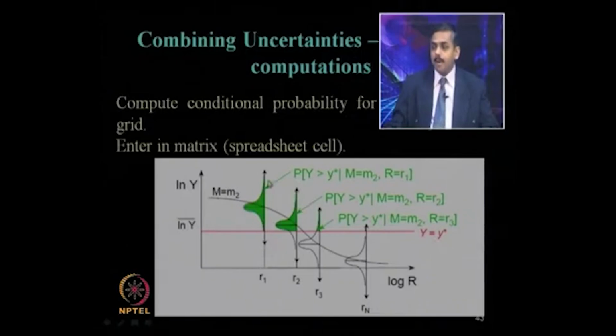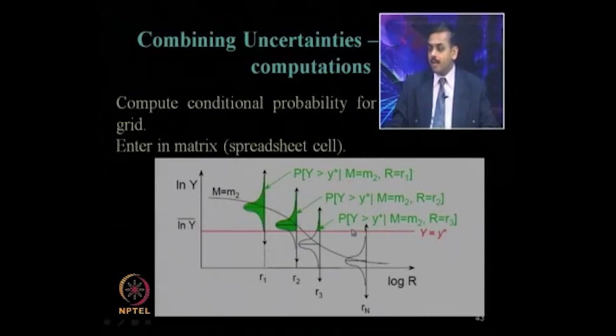Now, from that probability distribution function, the probability of y greater than y star for a given m equals m2 with r equals r1 is this green shaded value I am showing now. For the same m equals m2 but r changed to r2, it will be this shaded portion.